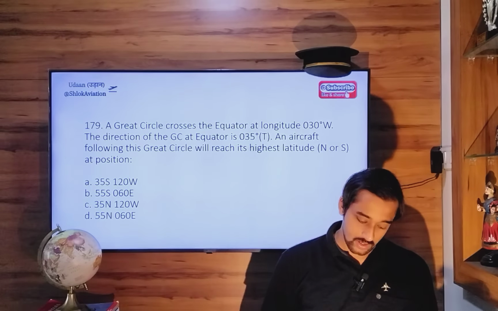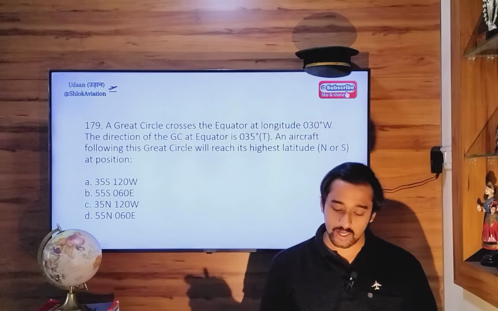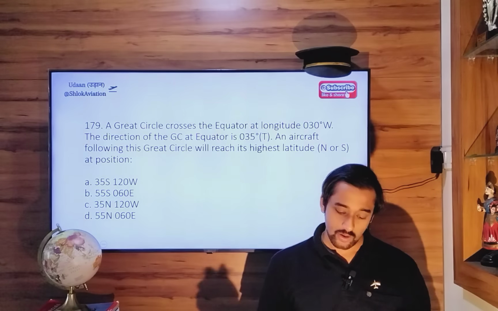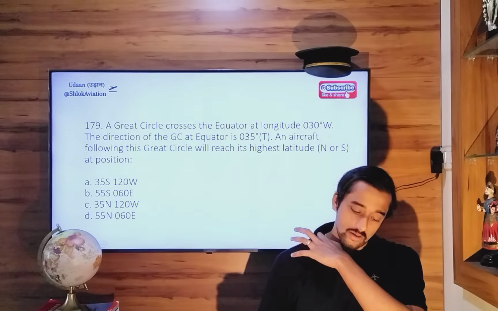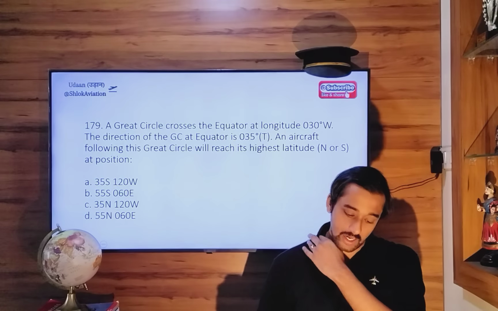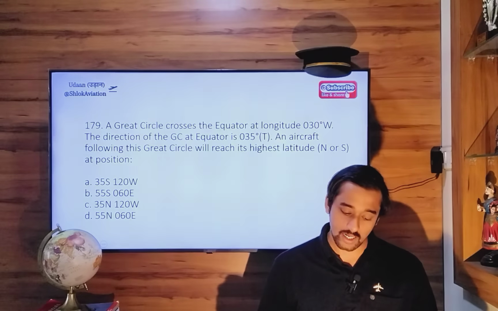Next, a great circle crosses the equator at longitude 30 degrees west. The direction of the great circle at the equator is 035.